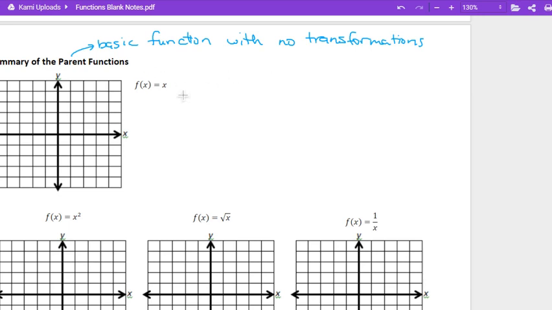So if you notice this equation, there are no other numbers. It's just x squared or x or square root of x. So this first function we call the linear function. The parent function of a linear function is one where the slope is 1 and the x-intercept is 0.